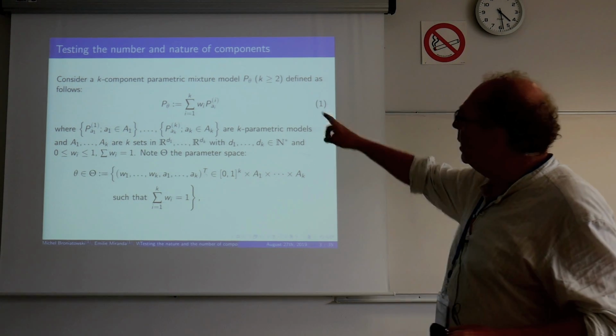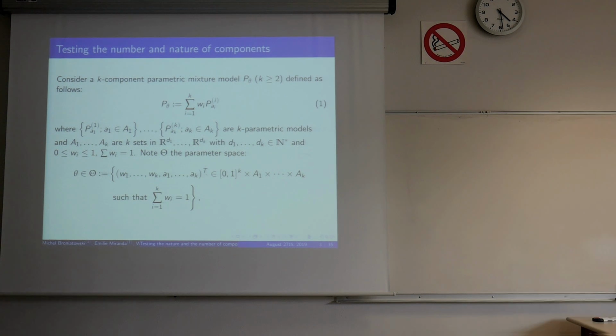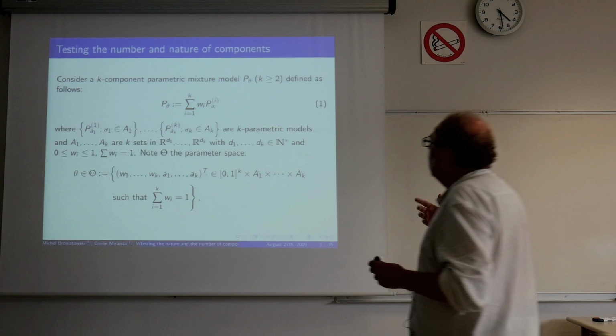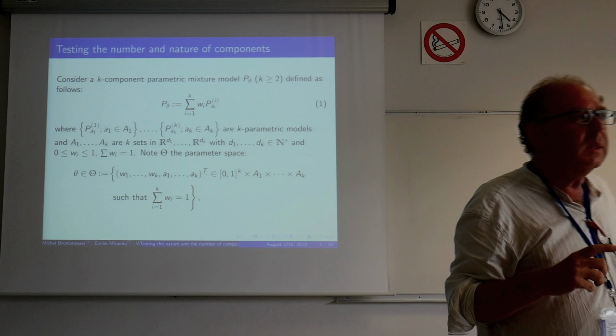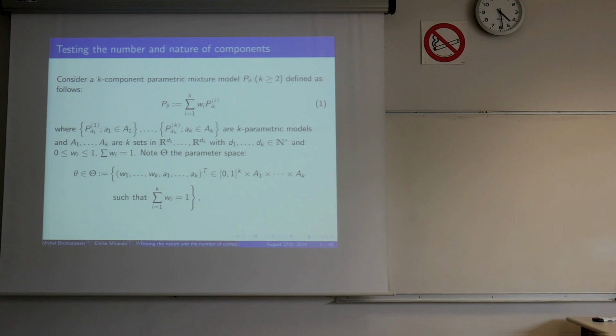Here is a finite mixture. We'll keep to finite mixtures. And the parameter will be both the weights and the parameters of each of the components. And the components will not need to be in the same family as such.